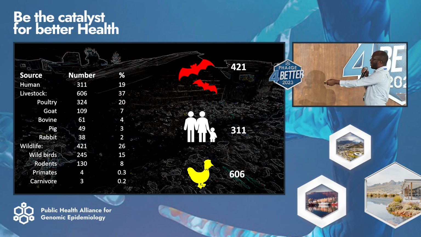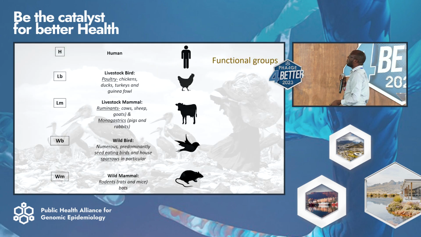And then we had 421 wildlife samples, which ranged from, I think, maybe more than 30 wild bird species to rats, a few monkeys, carnivores, not lions, I must say. So yeah, sorry about that. Just some typical mesocarnivores. So we had everything, and then 311 humans of all ages and gender.